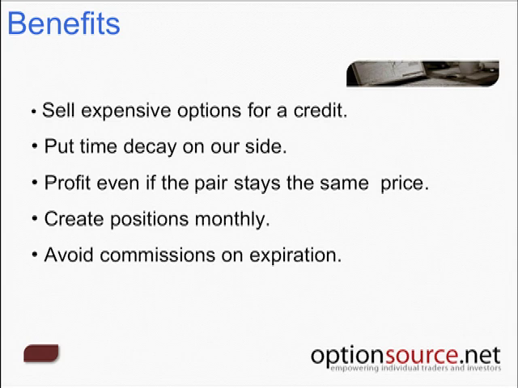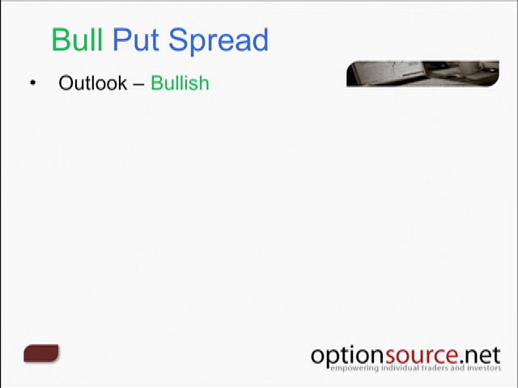We also avoid commissions on expiration. We paid commissions to get in, but if the options expire during the regular course of business and are worth nothing on expiration, we don't have to place another trade, so we do not incur any more commissions. There's a benefit in that regard.